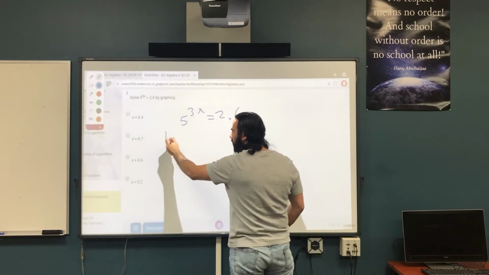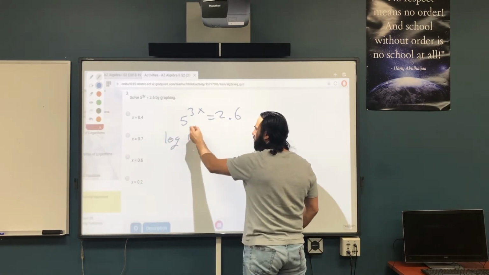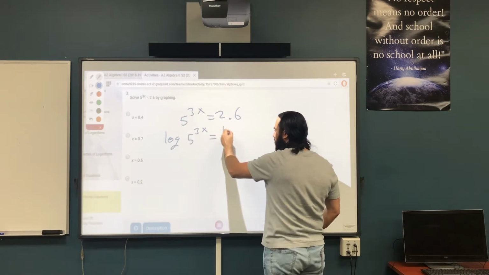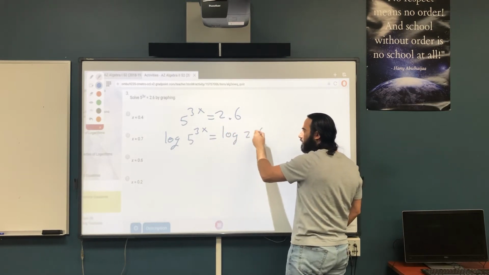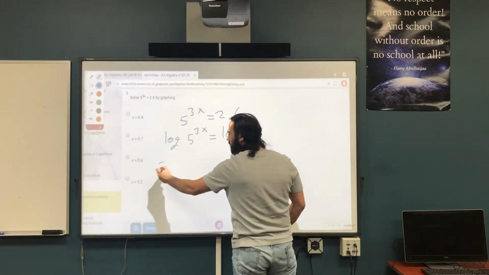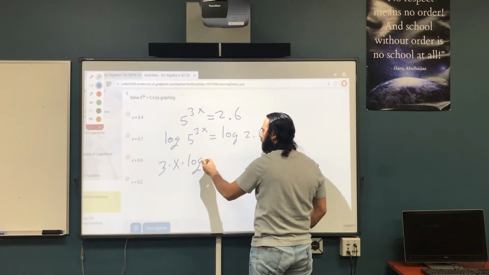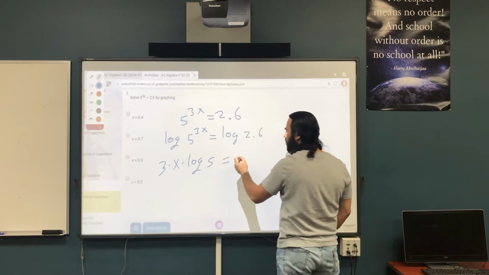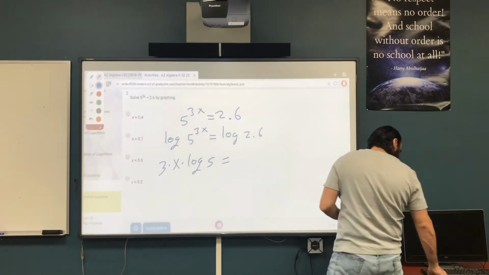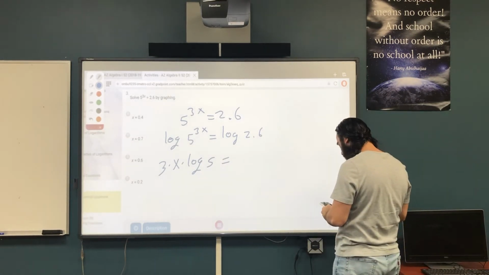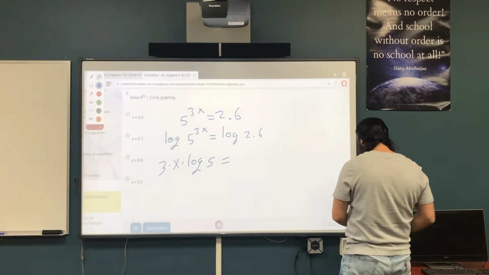Again, you do log to both sides, so it's going to be log 5 to the power of 3x equals log 2.6. You drag down the 3x, so it's going to be 3 times x times log 5 equals log 2.6. We're going to check it, so log 2.6 is about 0.4.